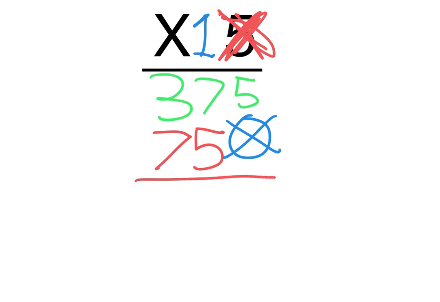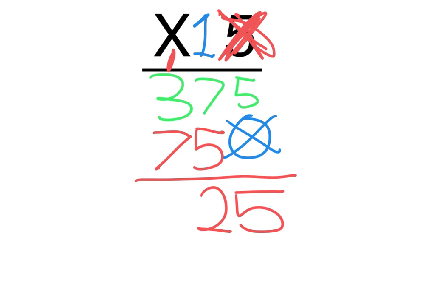And then you add it up. The placeholder is technically a 0. 5 plus placeholder equals 5. 7 plus 5 equals 12. So then you put the 2 right here, just like basic multiplication.